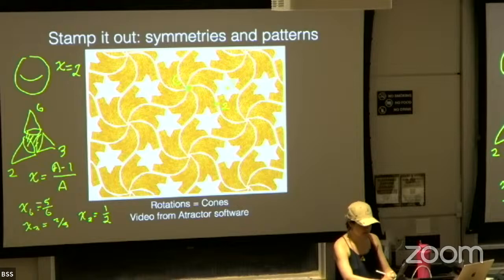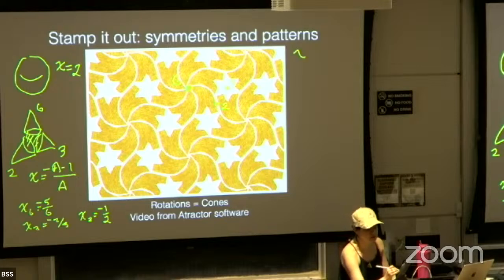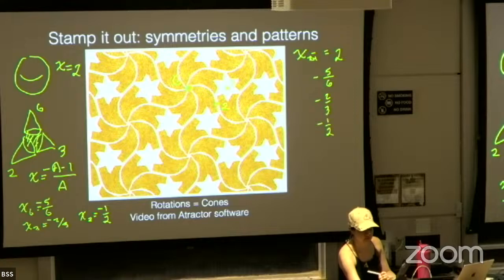Sorry, these have minus signs in front of them. So our total Euler characteristic is chi total equals 2 minus 5/6 minus 2/3 minus 1/2.